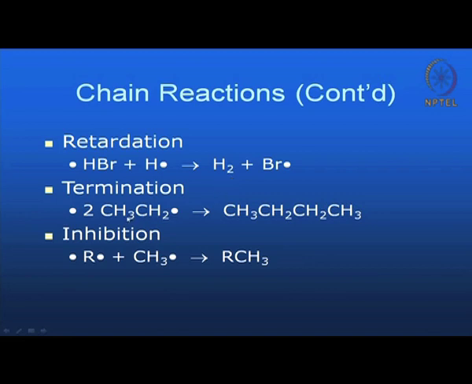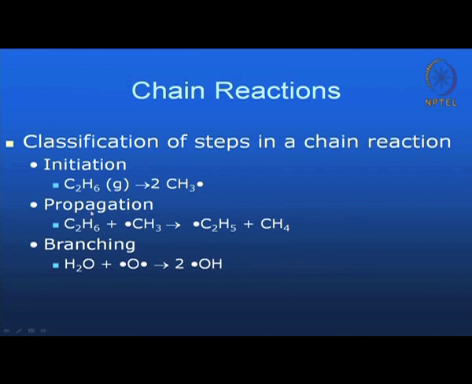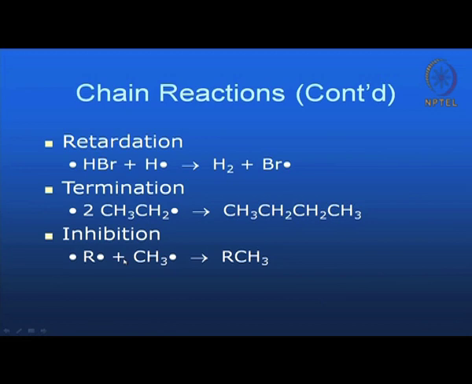Termination: when two Br dot or maybe two CH3 CH2 dot combine, they will produce one non-radical species. That means it is a termination step. Inhibition means it will act as an inhibitor, similar to retardation. So, a chain reaction will have initiation, propagation, termination, retardation, branching and maybe inhibition.